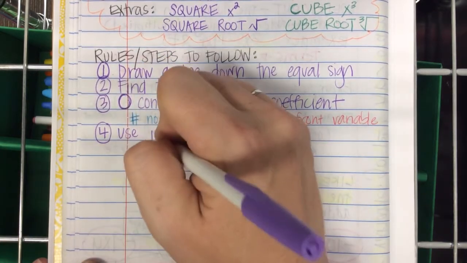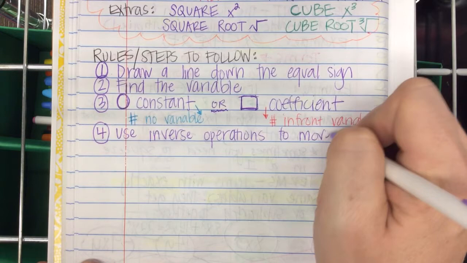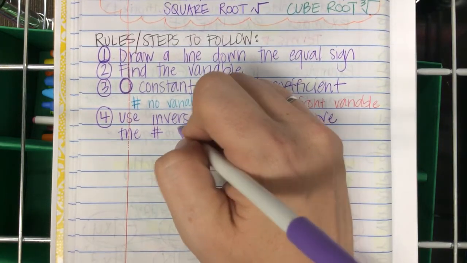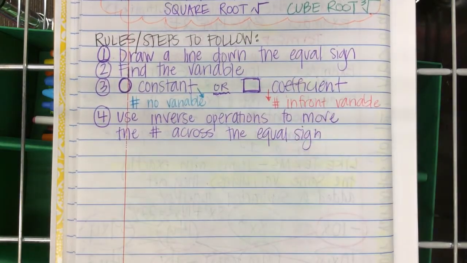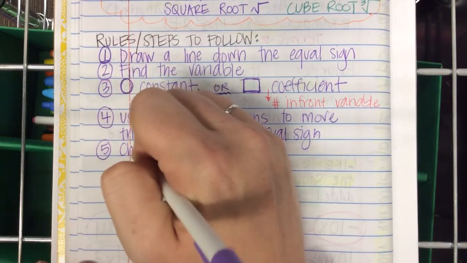Then we use inverse operations to move the number across the equal sign. And then number 5 is check it.